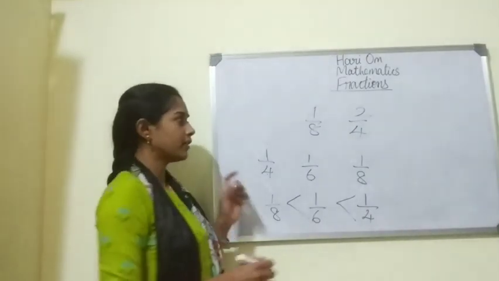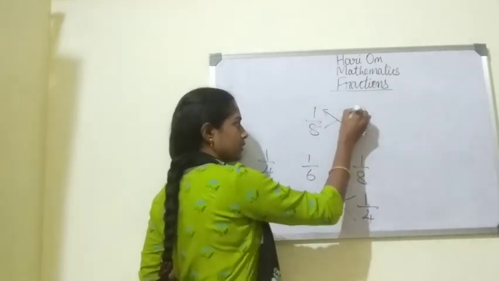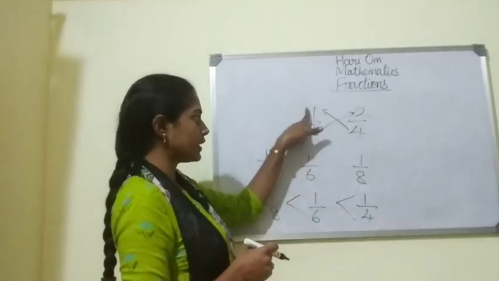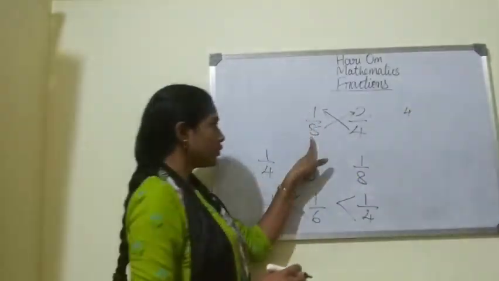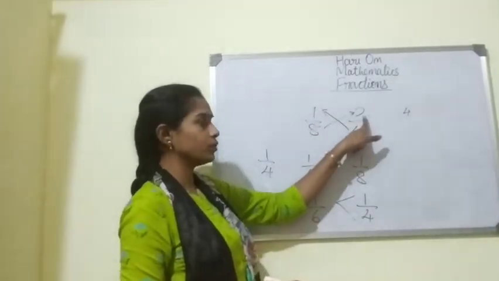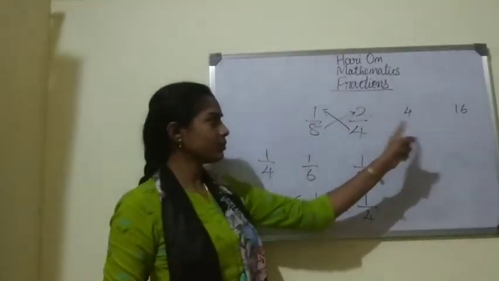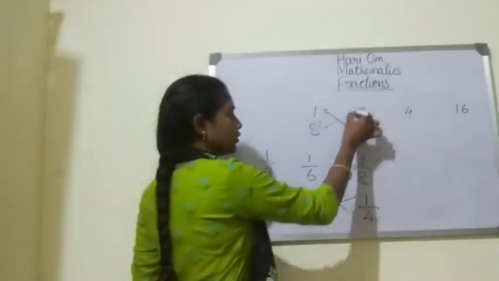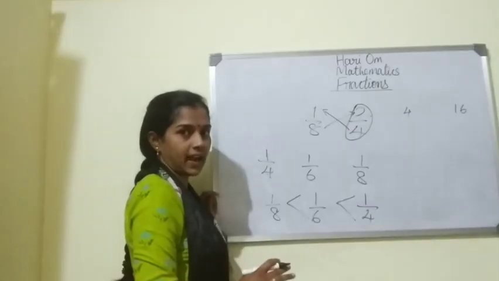If we have unlike fractions, we can cross multiply. 4 ones are 4. 8 twos are 16. So which one is greater, 4 or 16? 16 is greater.